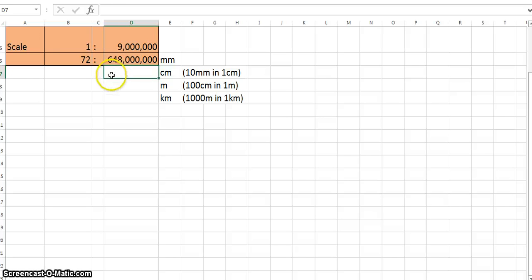Well, that's a little bit cumbersome, so let's get that into some units that make a little bit more sense to us. So I'm going to go through a series of steps here of converting millimeters, centimeters, meters and kilometers. First one, let's convert millimetres to centimetres. 10 millimetres in 1 centimetre, so we're going to do a division which just takes our floating decimal point one place to the left.